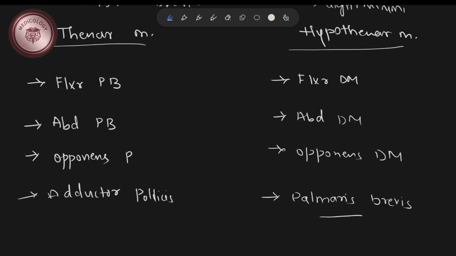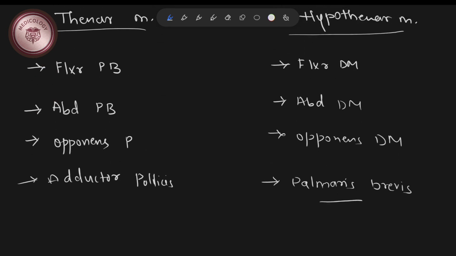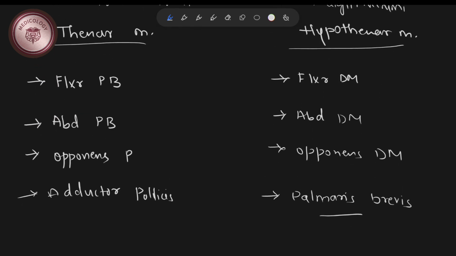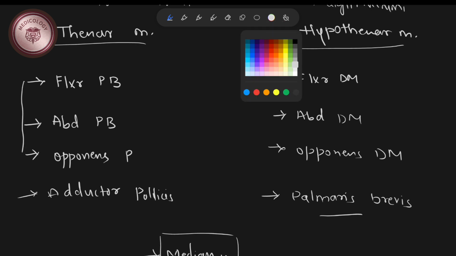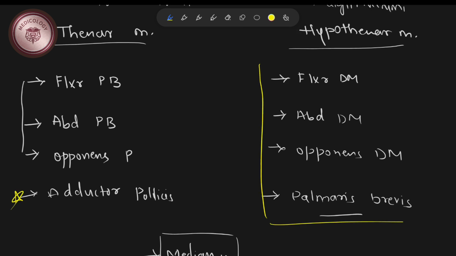Now, again we will go through how they originate and what their innervation is. All the muscles of the thumb are innervated by the median nerve. These 3 muscles are innervated by the median nerve, but except this muscle, all the ulnar side is innervated by the ulnar nerve.